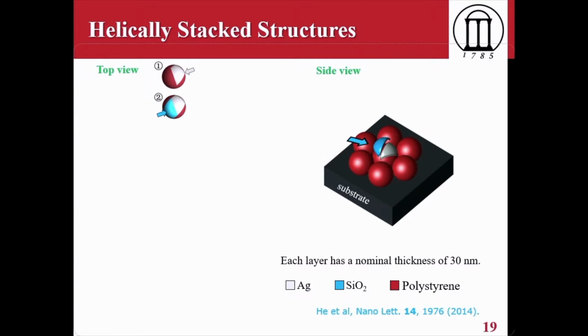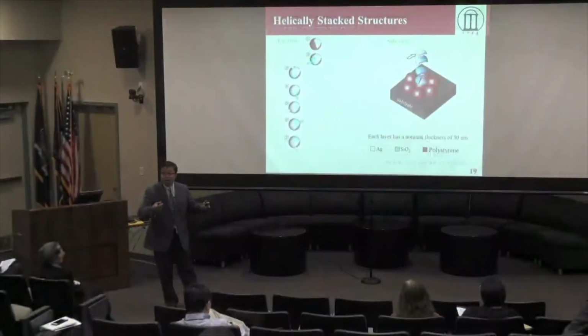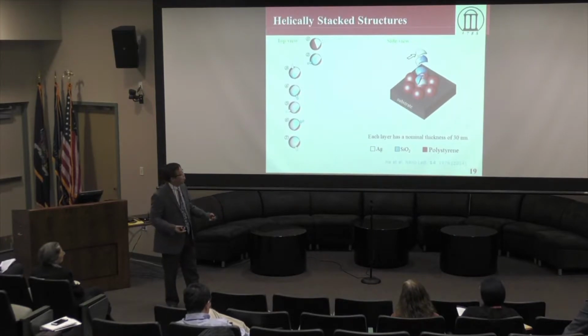Then I rotate back 90 degrees, deposit another layer of silver, and in the opposite direction deposit silicon dioxide. If I keep doing that, what we get is helically stacked silver layers, right?